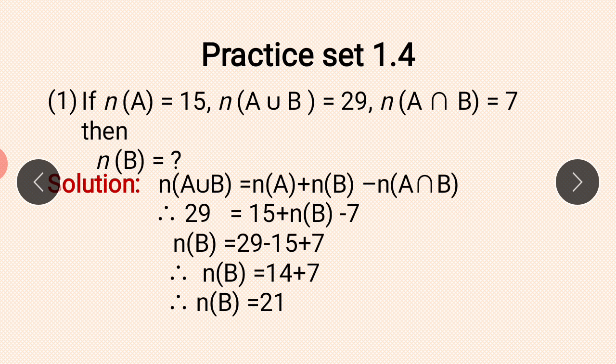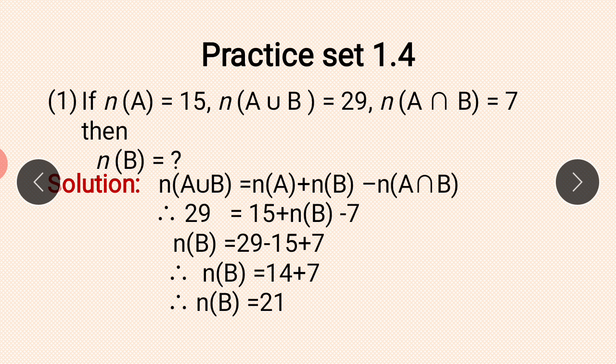Then next step is what? Substitute the values. n(A union B) is 29, is equal to n(A) is 15, then 15 plus you find out n(B), so write down as it is n(B) minus n(A intersection B) is 7, so write down here minus 7.